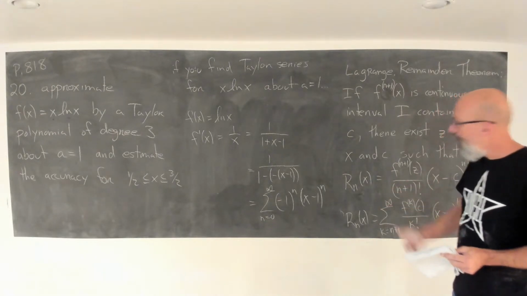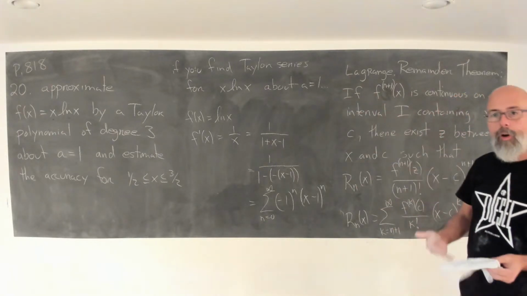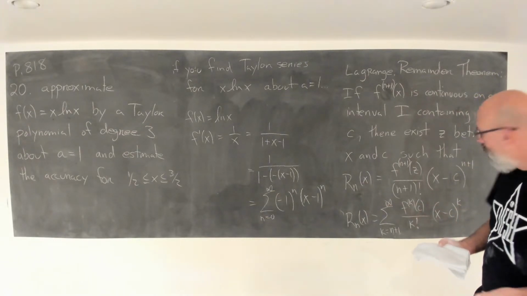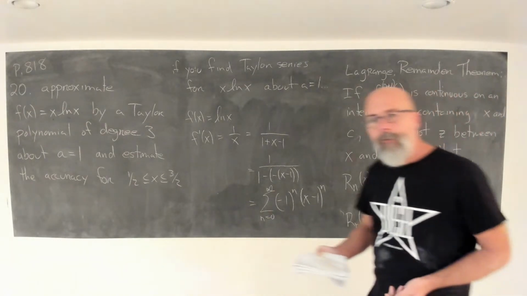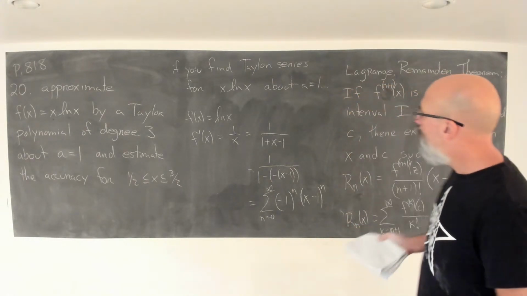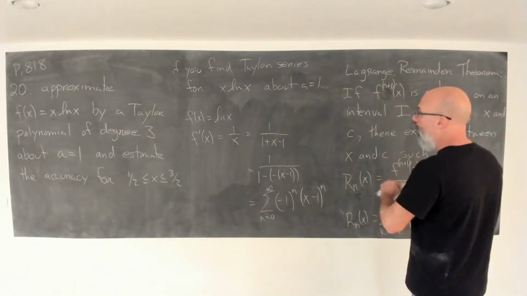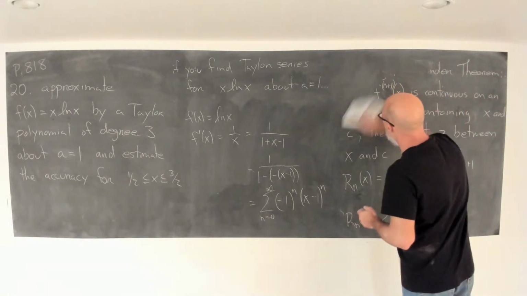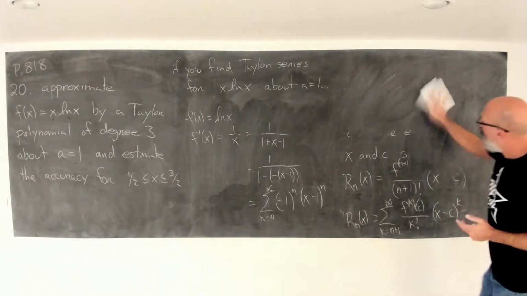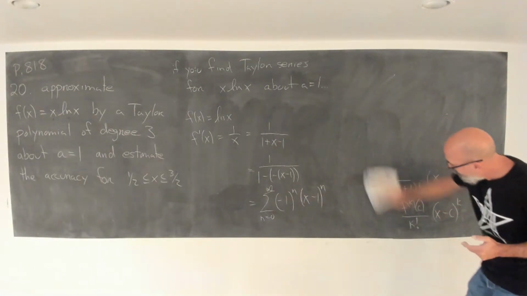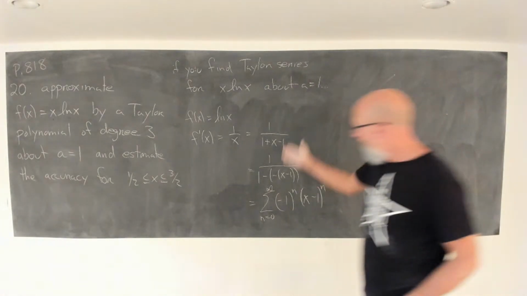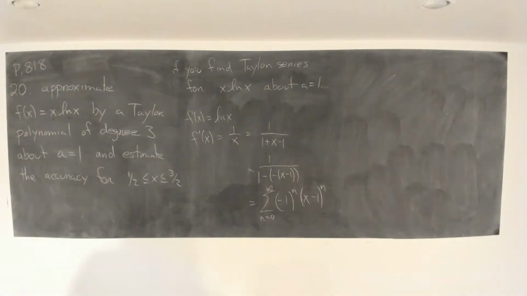This is Rn, and what I've erased before, if Rn goes to 0. Well, I mean, the original question is x ln x. I'm saying I'm going to start with ln x. I'm starting with ln x, I get this.